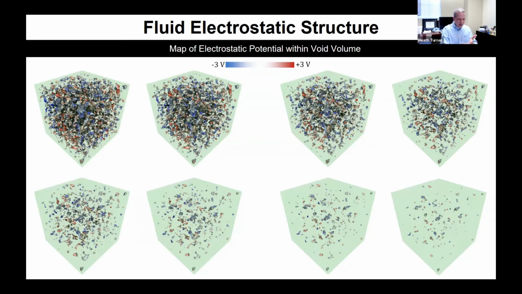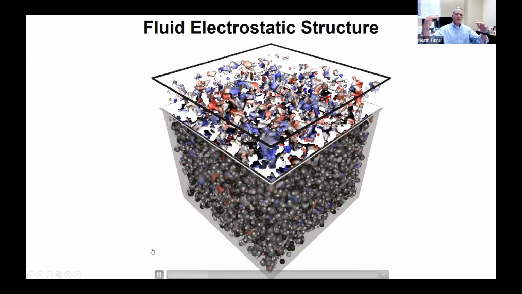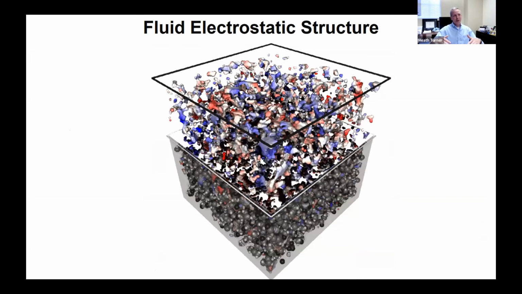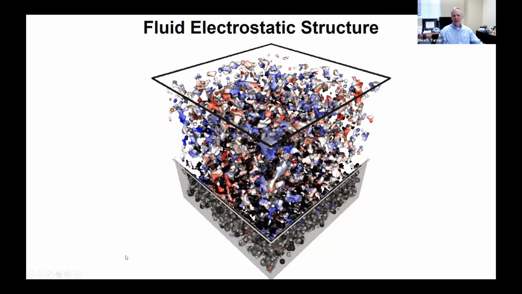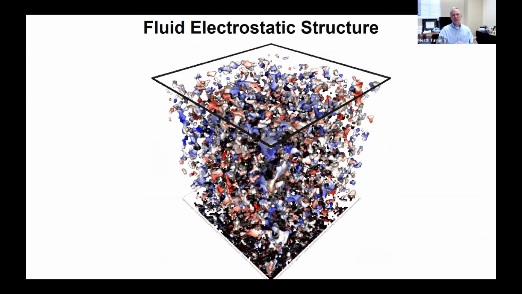This is just a snapshot of what this looks like. So we can map this out. And again, if you essentially drain the fluid from the system, you can look at the pores that are left in the system. These pores are where the gas molecules would adsorb.